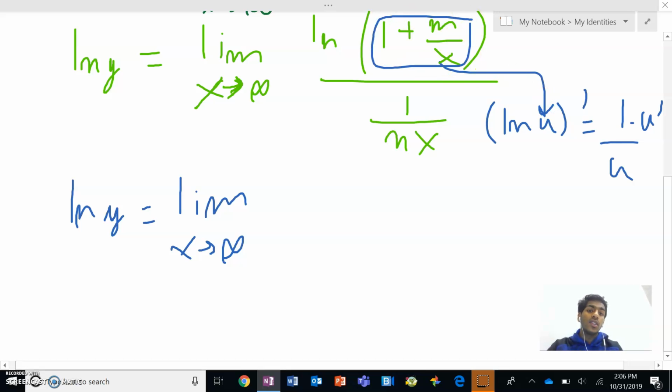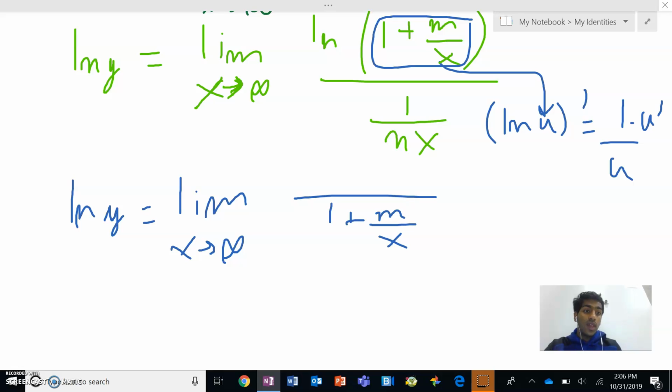So going by the formula, I'll need 1 over (1 + m/x), and then I'll take the derivative of u. The derivative of 1 is a constant, so that's a 0. And m is a constant, so that comes outside the derivative, and now I have x raised to the negative 1, and applying the power rule, that is negative 1 over x squared, so my numerator gives me negative m over x squared.